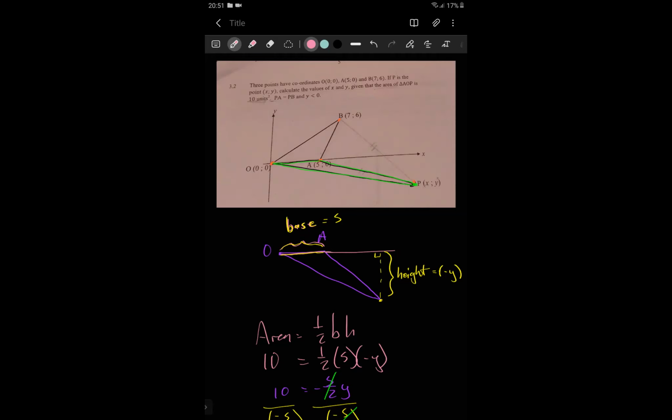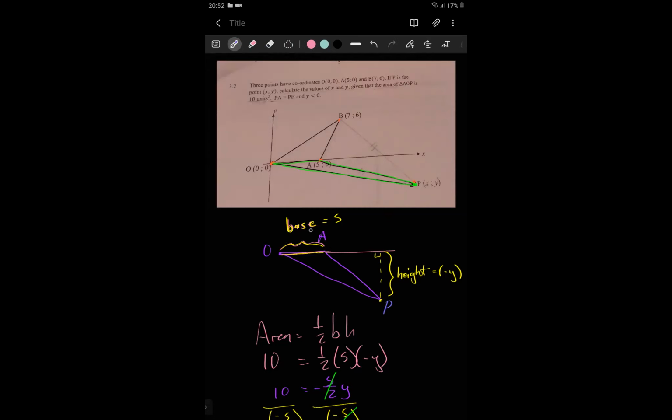So what we said was, okay, in this question, the only thing we're given is the fact that the area of our triangle is 10 units squared, of which it's the triangle AOP. That's the triangle AOP. There's A here, there's O there, and then there's P over there.